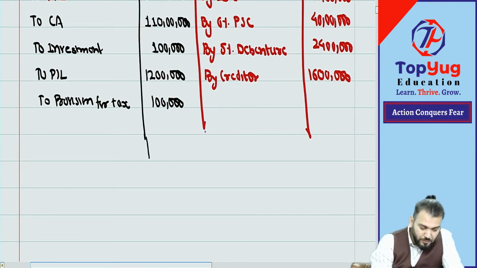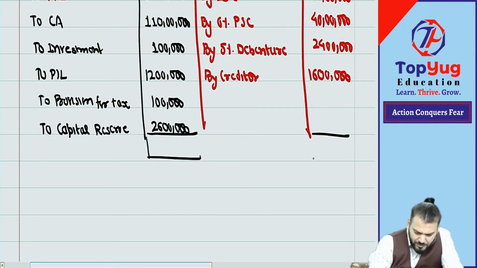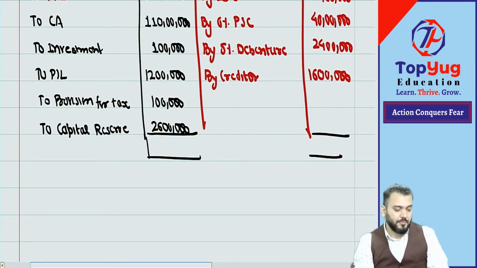The surplus will be transferred to which account? Put it on to capital reserve. How much? 26 lakh. In this way we can prepare.